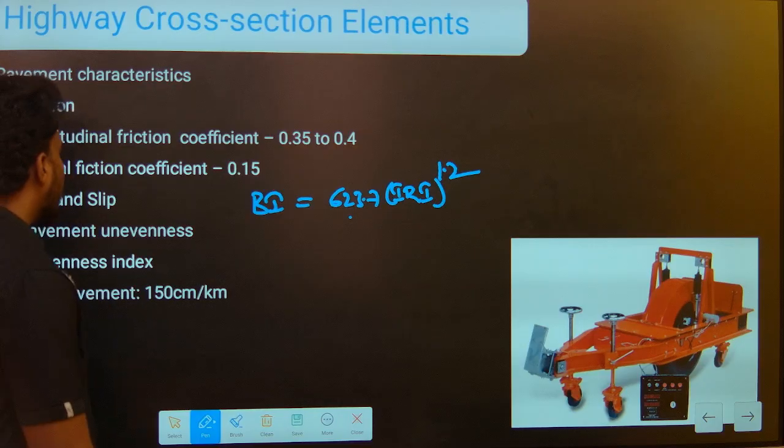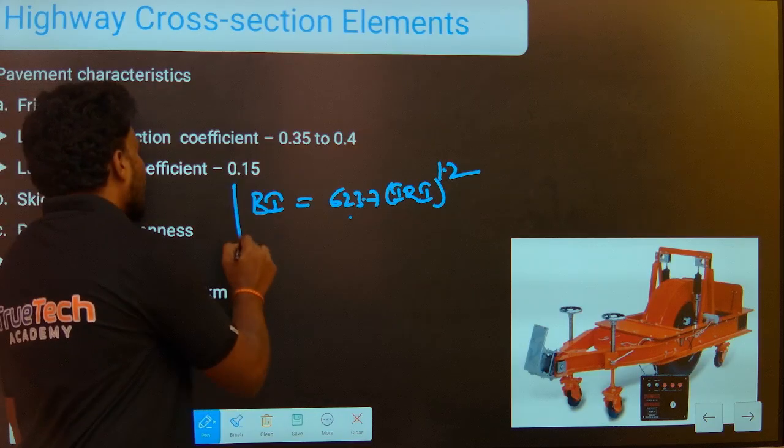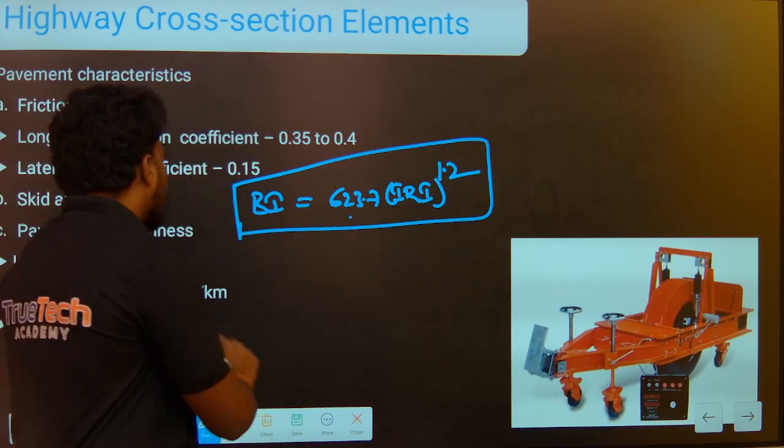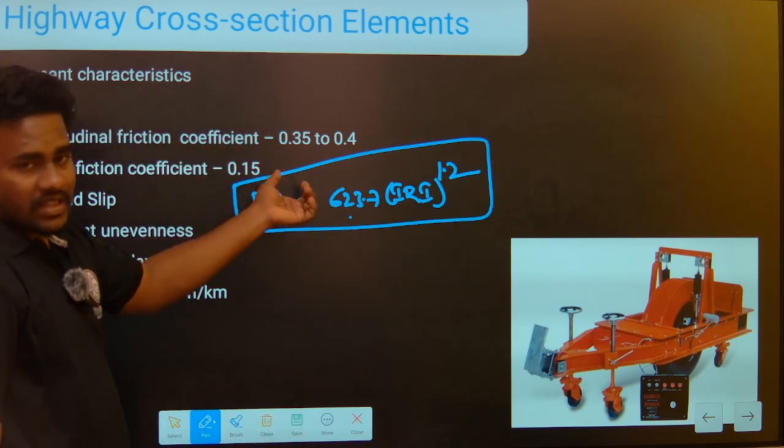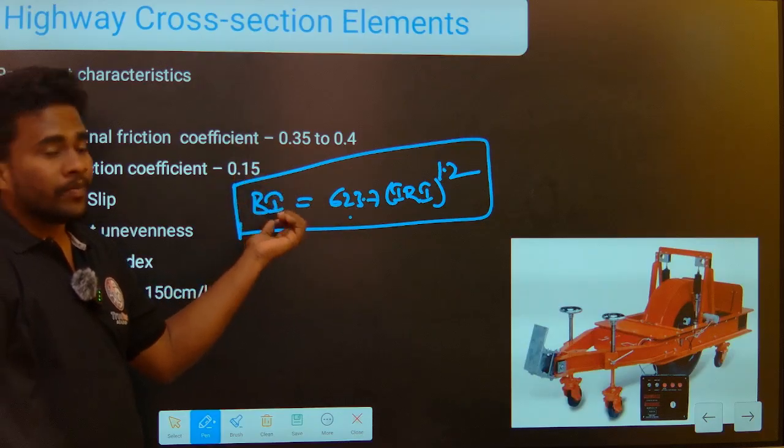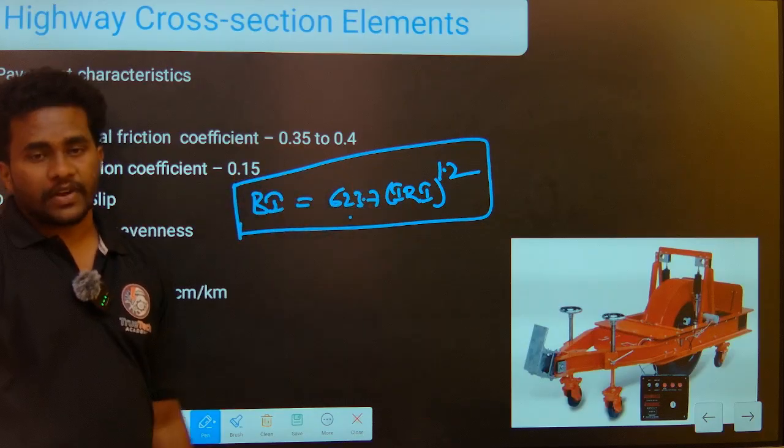This is the formula, the relationship between the bump integrator and the IRI, International Roughness Index.